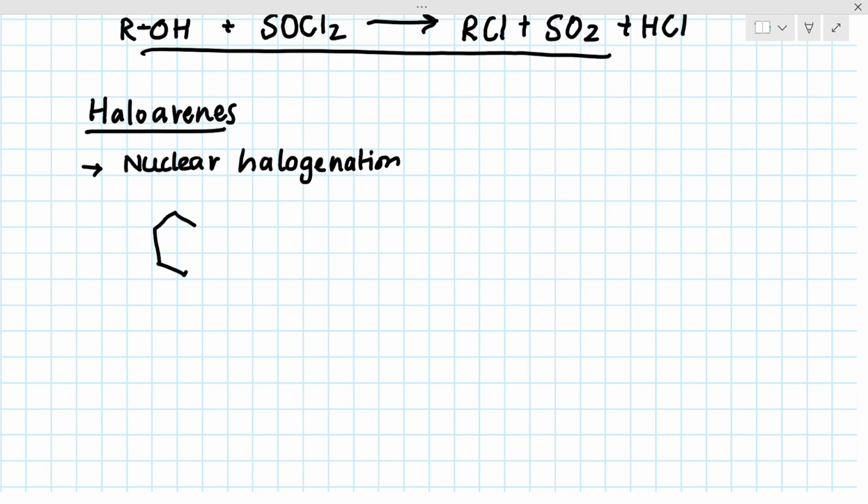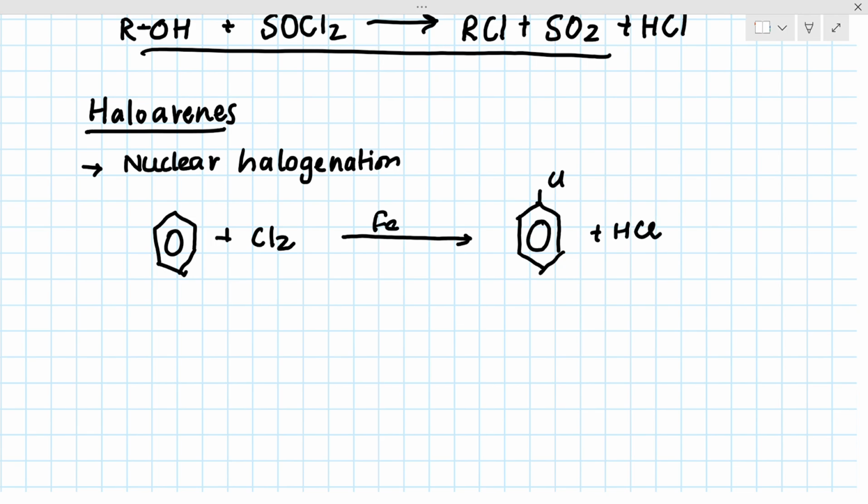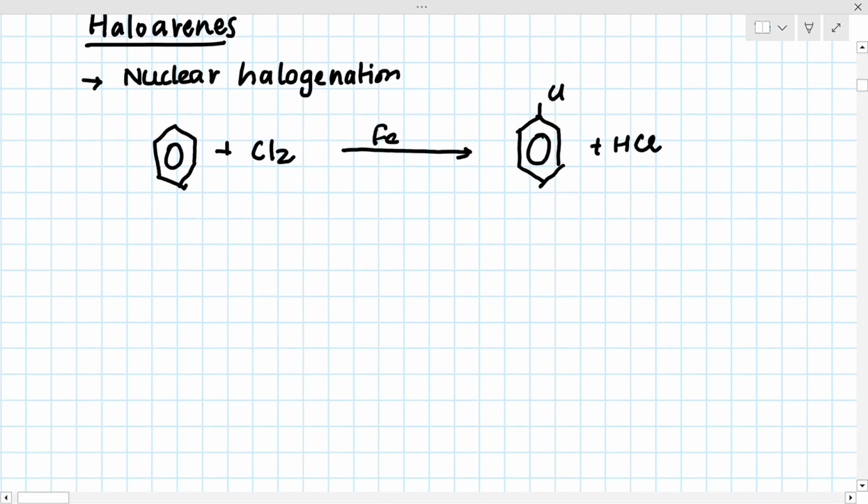You take benzene plus Cl2 in the presence of Fe. So you heat and then you get chlorobenzene. This is nuclear halogenation.